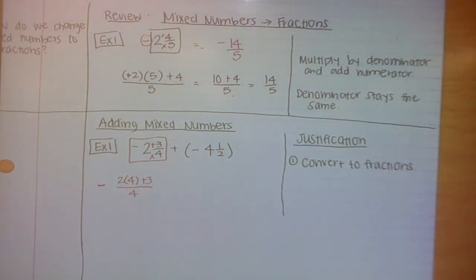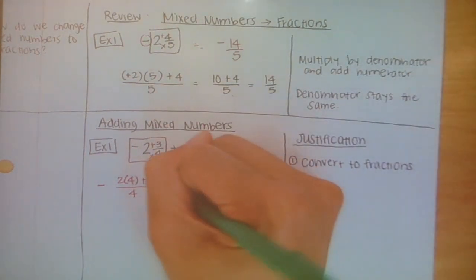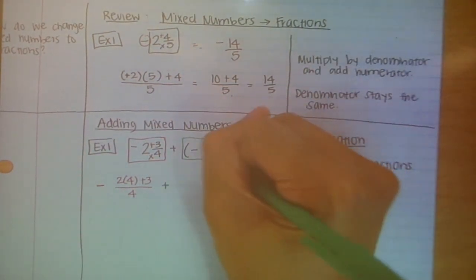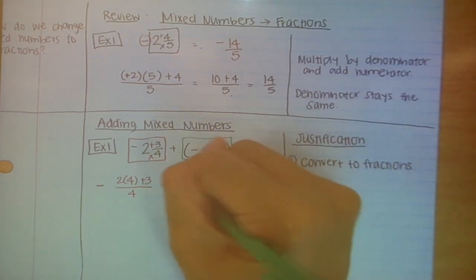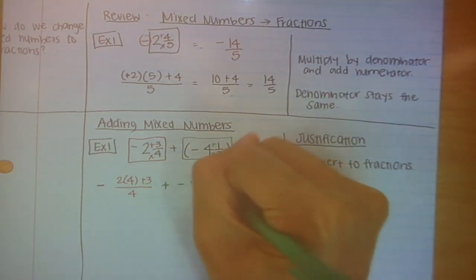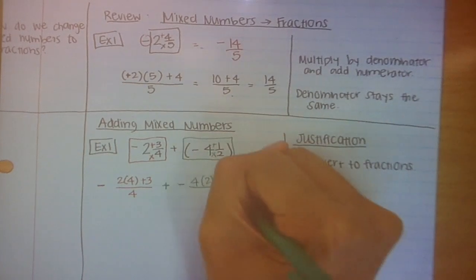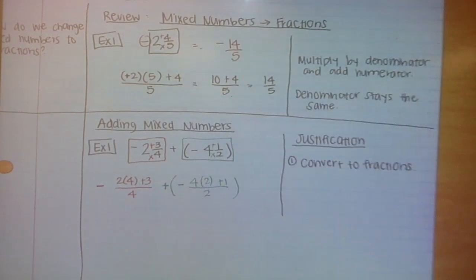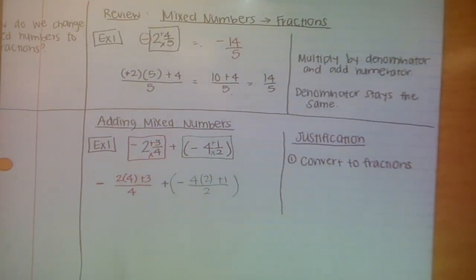And same thing for the other one. We're still adding. So this number is 4 times 2 plus 1. So it says -4 times 2 plus 1. And the denominator is still 2. So notice both of my numbers are still negative. I can keep simplifying.